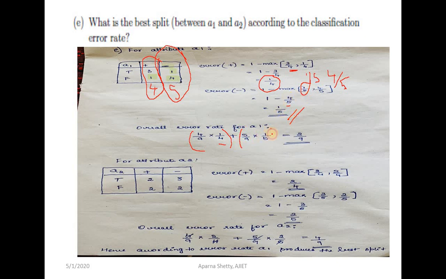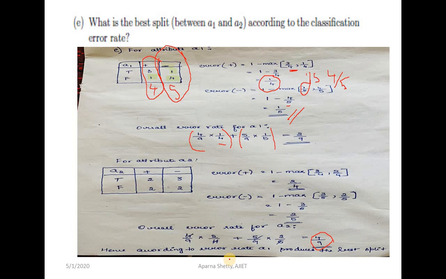So, 5 by 9 into 1 divided by 5, you get 2 by 9. Similarly, for attribute A2, you calculate the classification error and you get the overall error rate for A2 as 4 divided by 9.